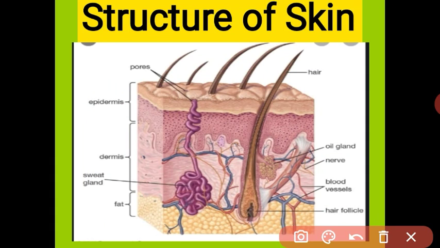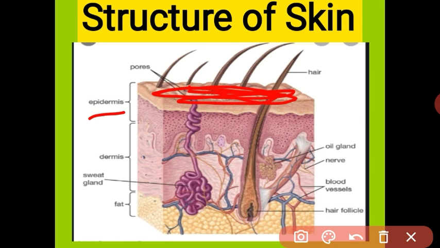The outermost layer of the skin proper is called the epidermis. The epidermis is the thinner part of the skin, and it forms stratified epithelial tissue. In the tissue lesson we studied the types of epithelial tissue, including stratified epithelial tissue.